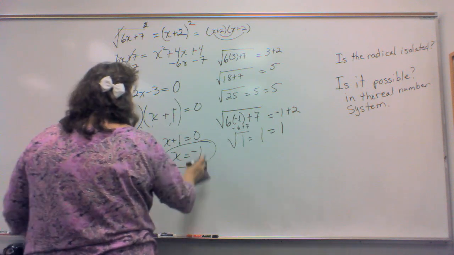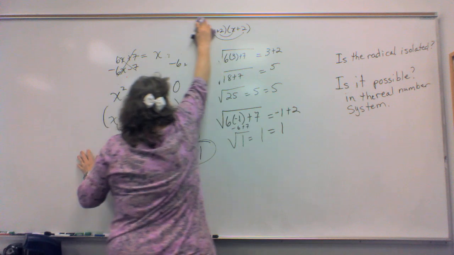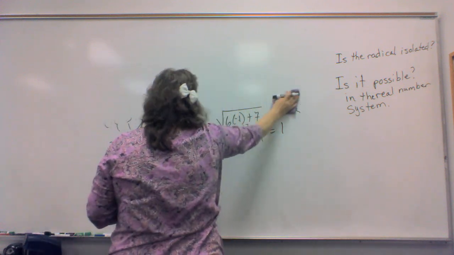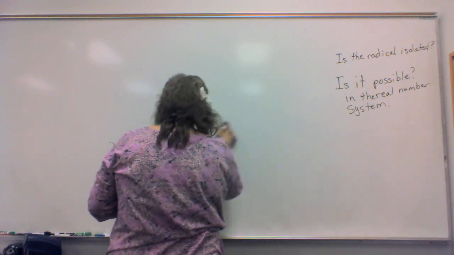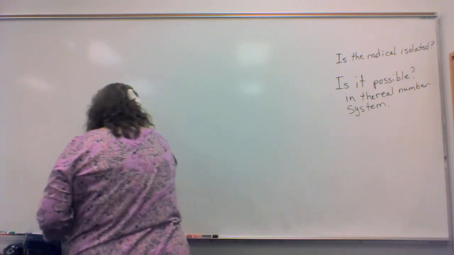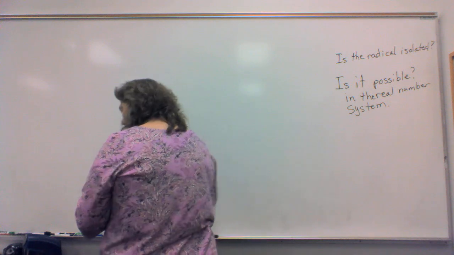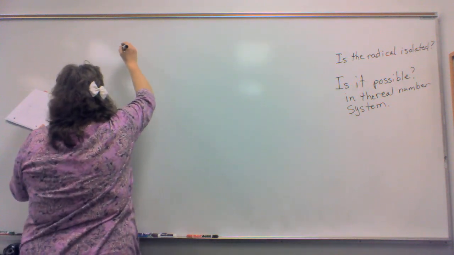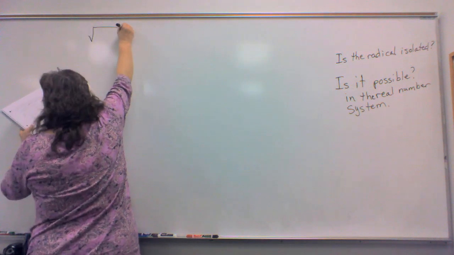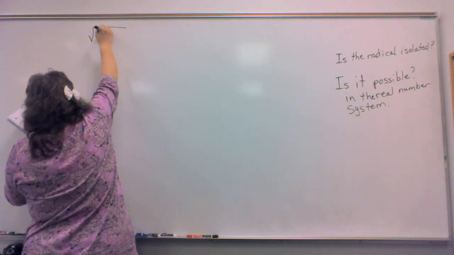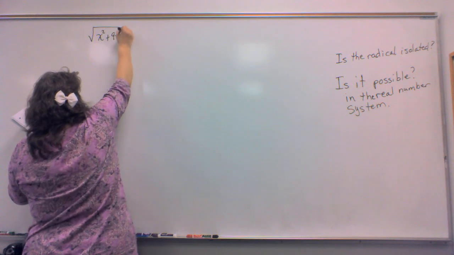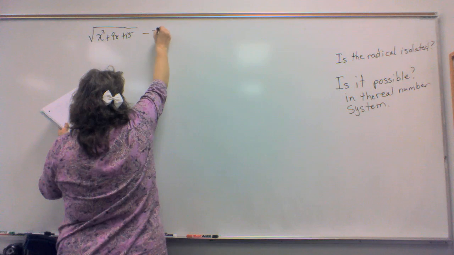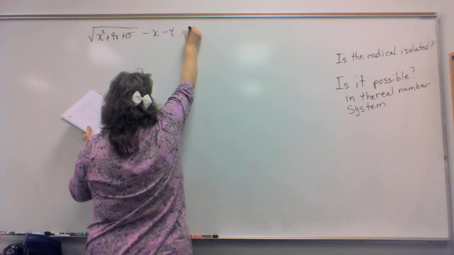Okay. Let's look at one more of these at least. Now this one's going to go back to having to isolate your square root. Okay, so let's look at this. Square root of x squared plus 9x plus 15 minus x minus 4 equals 0.